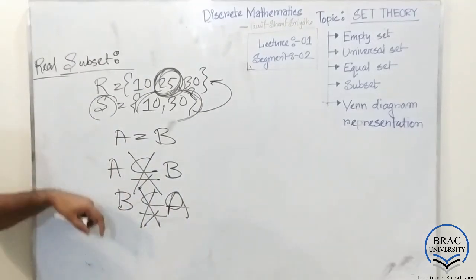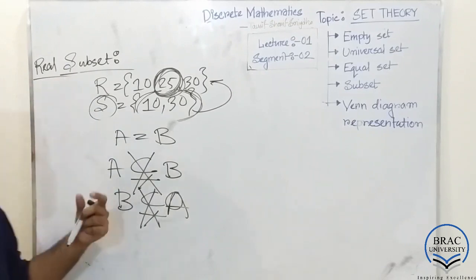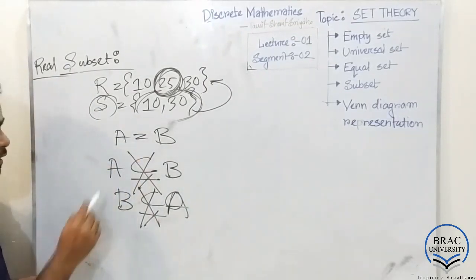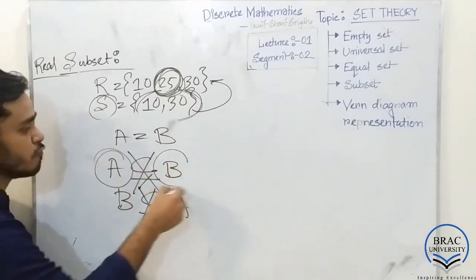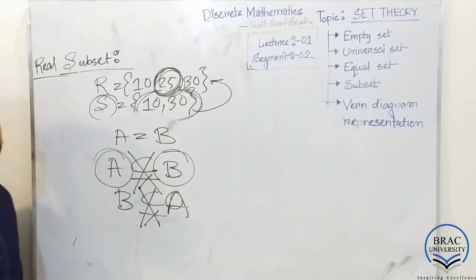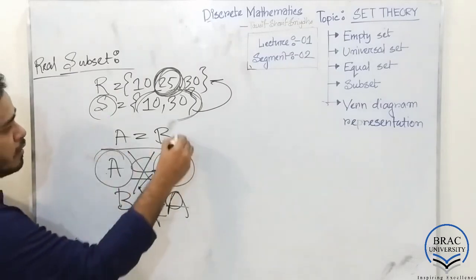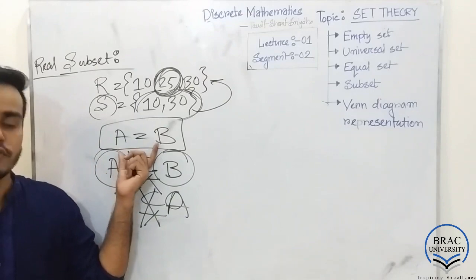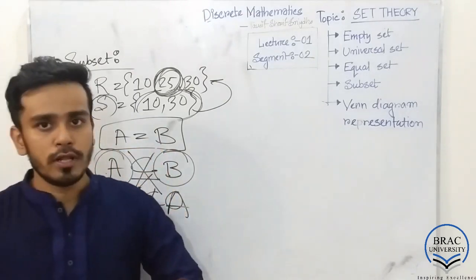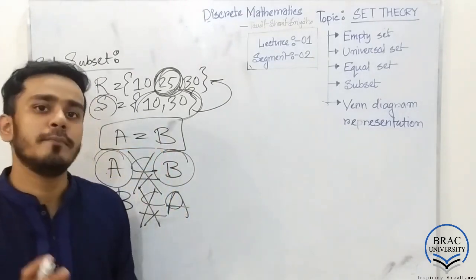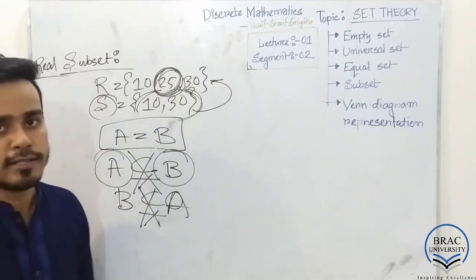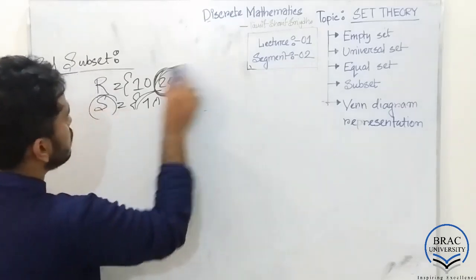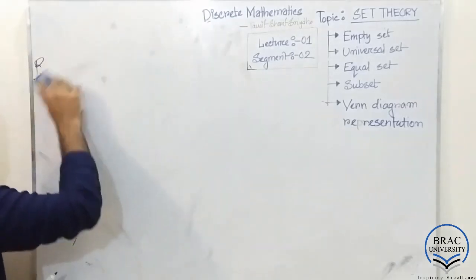Because from the definition of real subset, we know that if A has to be a real subset of B, then A must not be equal to B. But at the very beginning, it was declared that A equals B. So if two sets are equal, then none of them will be the real subset of the other. Okay? Okay.